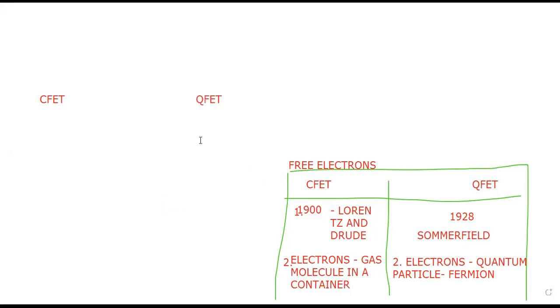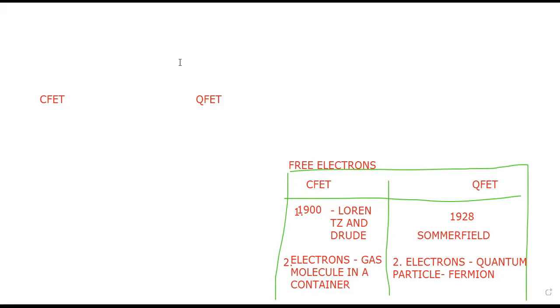Already we discussed two points. Classical free electron theory was introduced by Lorentz and Drude in the year 1900. Quantum free electron theory was introduced by Sommerfeld in the year 1928. According to classical free electron theory, electrons behave as gas molecules in a container. According to quantum free electron theory, electrons are compared to the quantum particle known as a fermion.